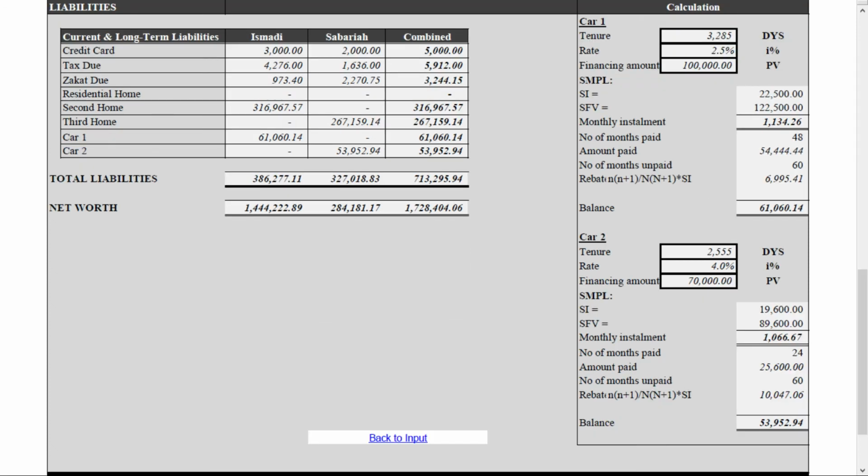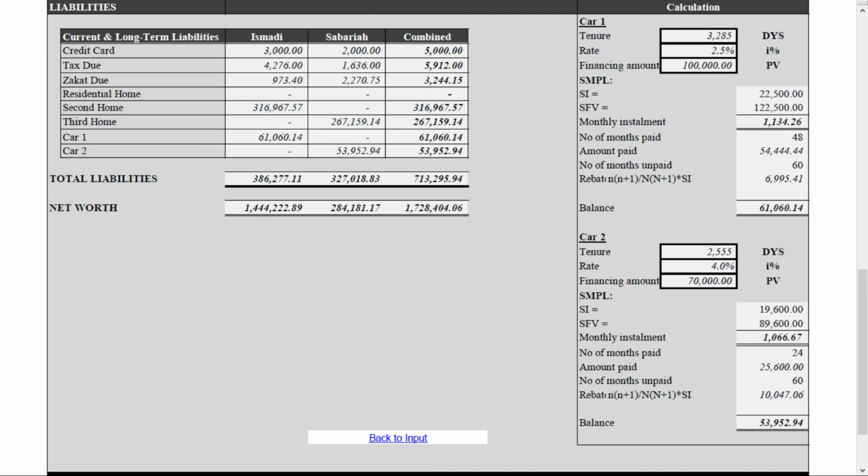Okay, for liabilities, which consist of current and long-term liabilities, which we lump together, we have a credit card balance, tax due and zakat due. However, when you do the net worth statement, the figures for tax due and zakat due are not available yet because we haven't done the tax computation and zakat calculation.